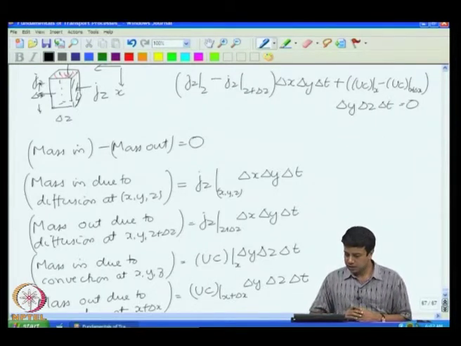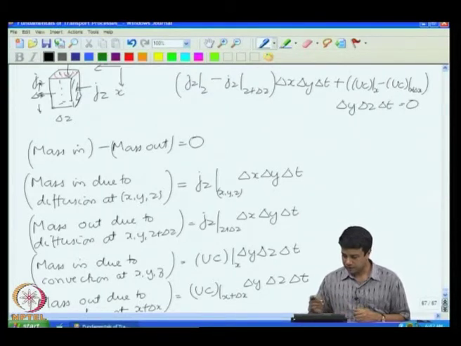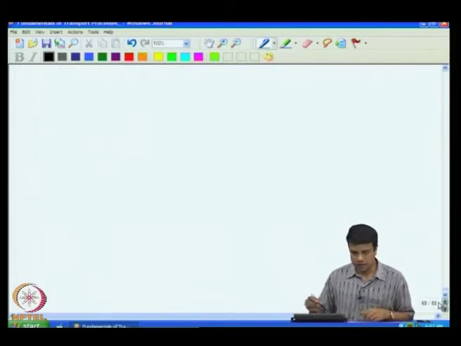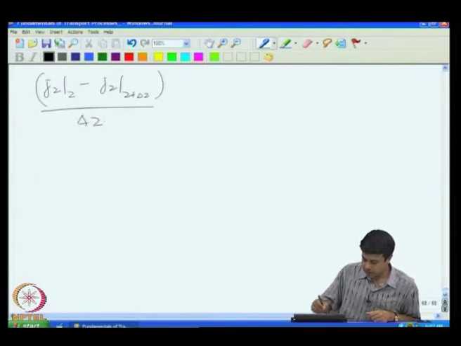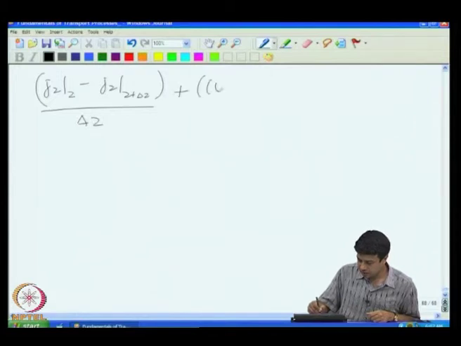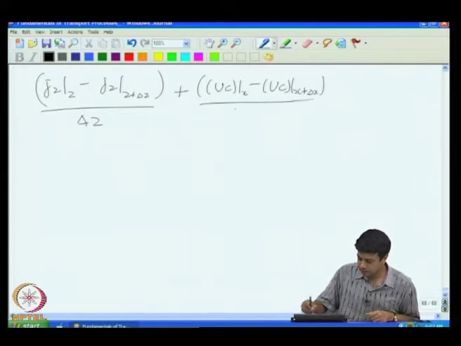Okay. And I divide throughout by delta x delta y delta z delta t. So, if I divide throughout by delta x delta y delta z delta t, I will get Jz at z minus Jz at z plus delta z, divided by delta z, plus u times c at x minus u c at x plus delta x, by delta x is equal to 0.